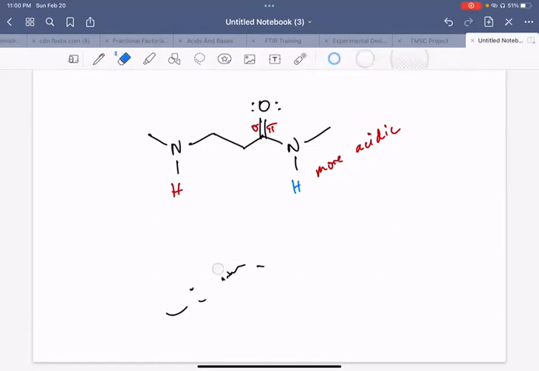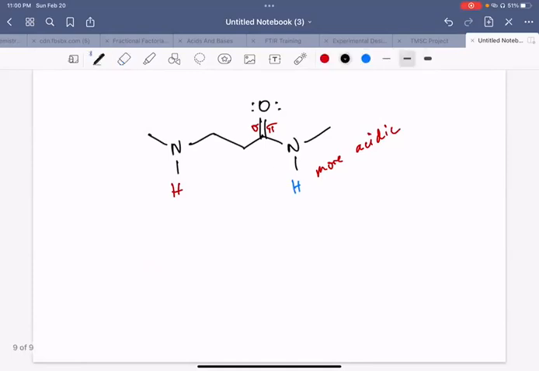So there's no resonance here. This proton which is attached to nitrogen can undergo resonance because this is an amide functional group, and an amide functional group has a pi bond.